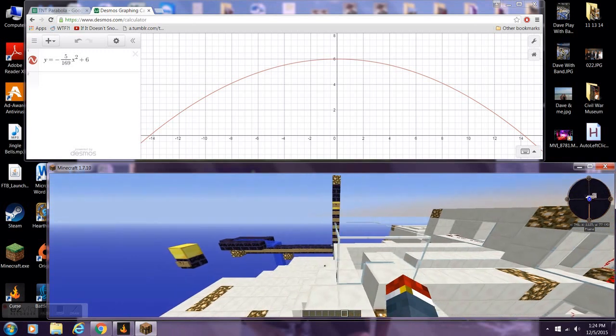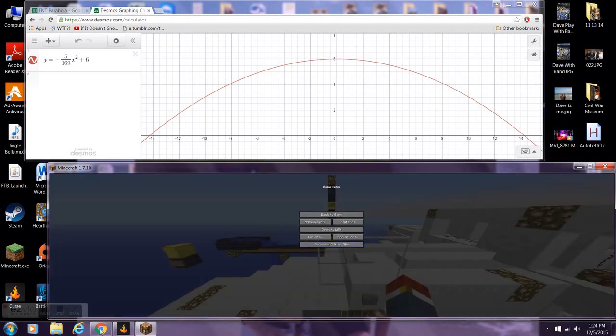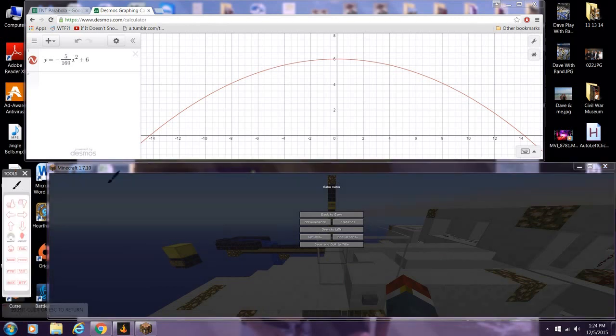Now, before I do that, I can draw lines with my thing. So let me just quickly try and draw a line right there and right there. Those are roughly the same, right? Okay, back to game.